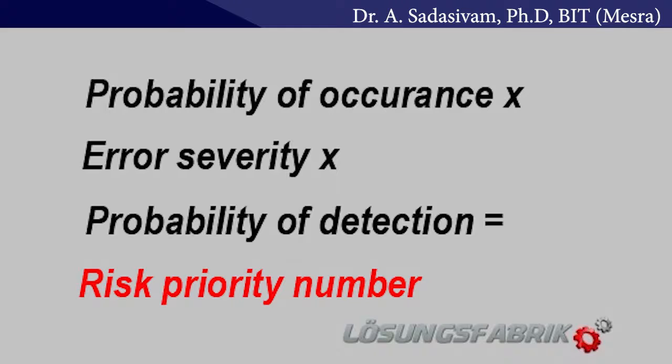But at a broad level, it is a product of the severity, the probability of occurrence, and thirdly, the extent to which such risks can be detected. So you have something called a detection rating, and we will talk about all that. These are some of the components of FMEA.